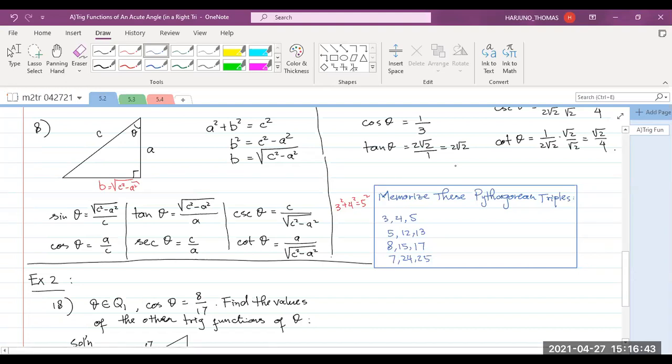Now, the good thing is if you have a Pythagorean triple, then every multiple of that is also a triple. Suppose, for example, I multiply this by 2. Then the triple will be 6, 8, 10, right? So basically I'm saying that 6 squared plus 8 squared is equal to 10 squared.